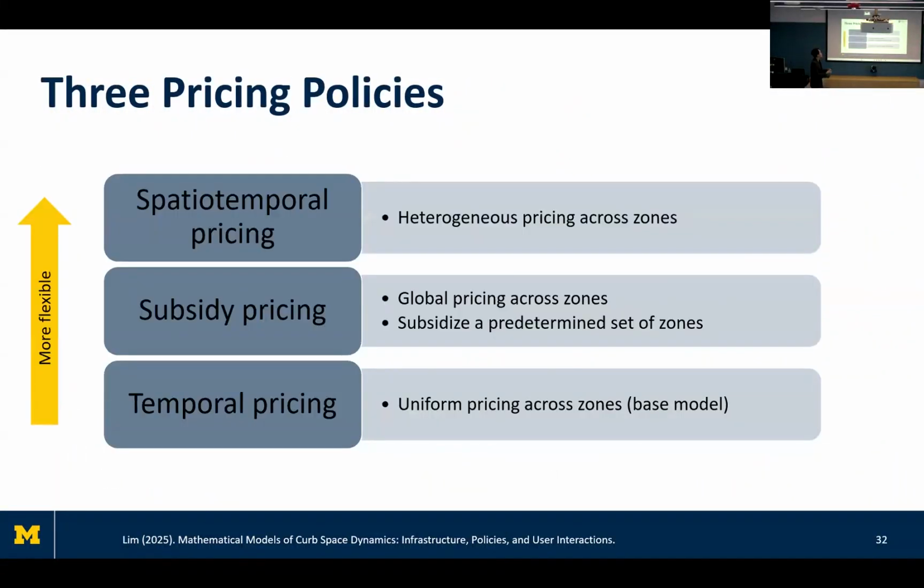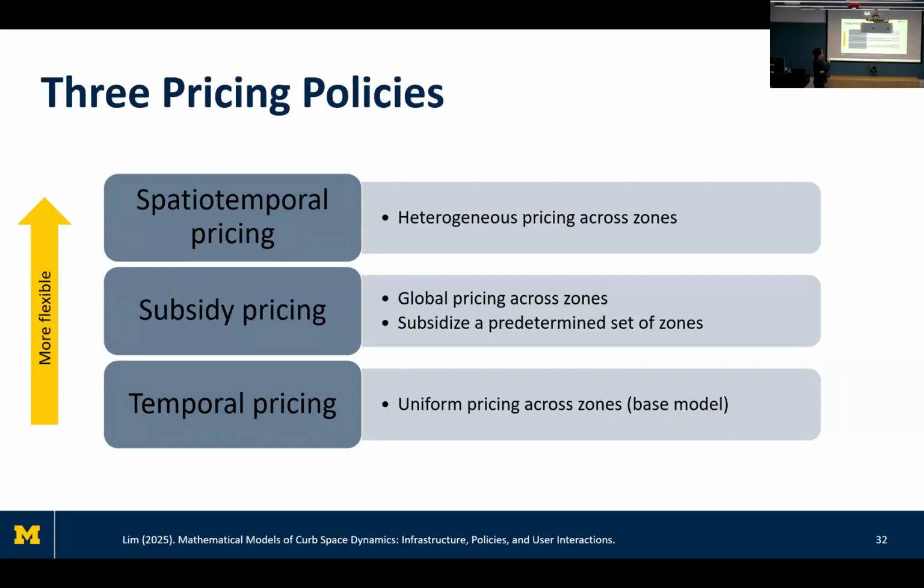So I proposed three pricing policies. First is temporal pricing, where I will have dynamic pricing only based on a temporal manner. For example, in the morning rush hour, the pricing will go high. In the nighttime, the pricing will go low. Subsidy pricing is next, where I utilize some of the domain knowledge that I know about different spaces, and I will strategically reduce the price for certain locations at certain times with the strategically informed information.